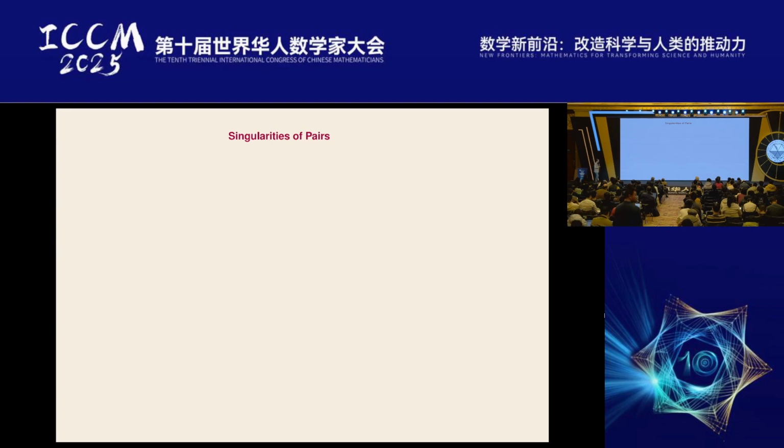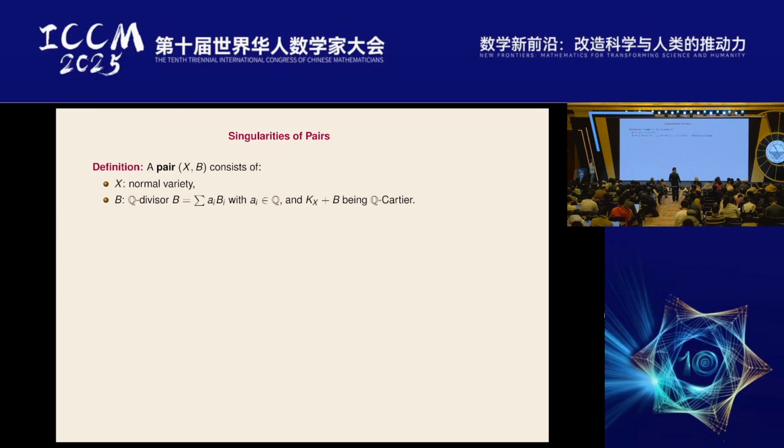Okay, but in order to say something interesting, I need to discuss singularities and also pairs in the context of birational geometry. But again, I'm going to stick to very simple settings so that it will be more understandable. So in the world of birational geometry, we usually look at not only one single space, but rather several spaces together.